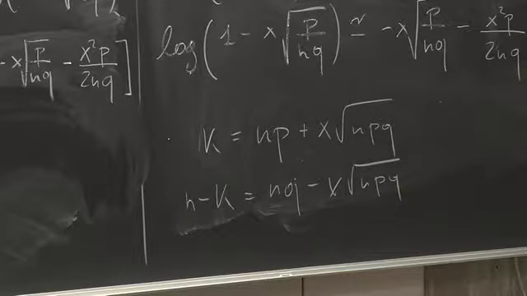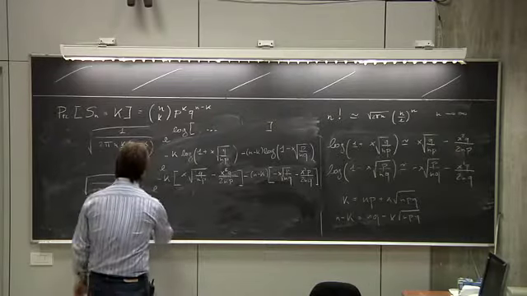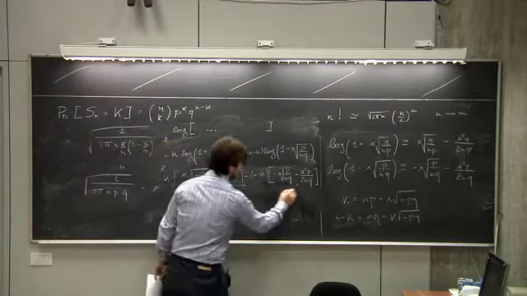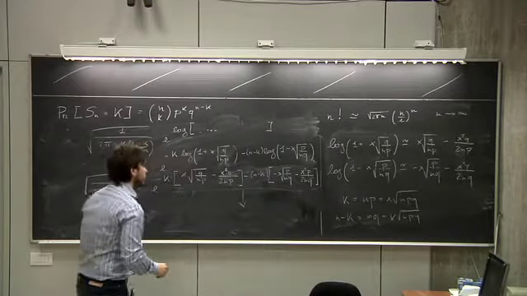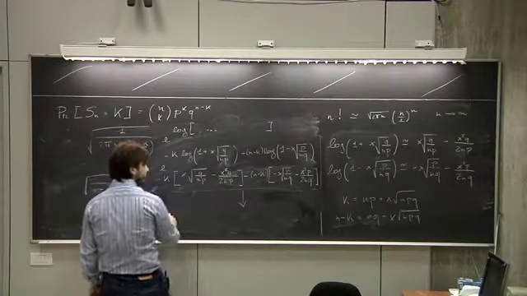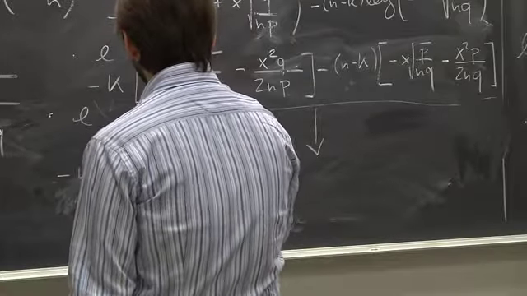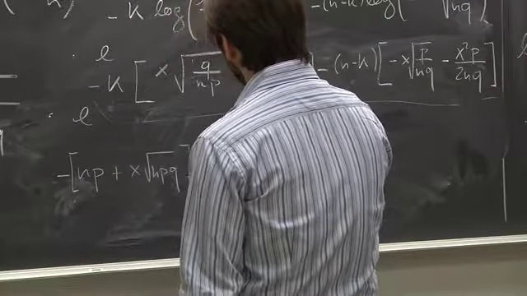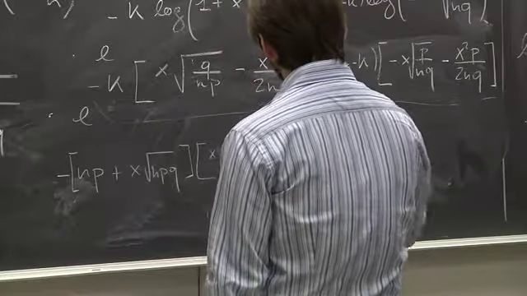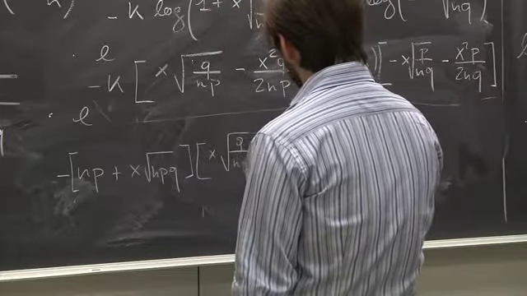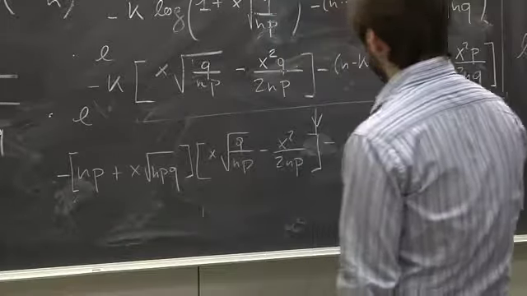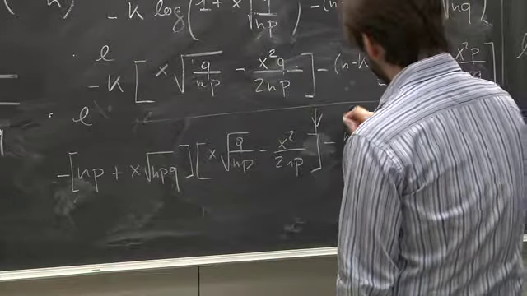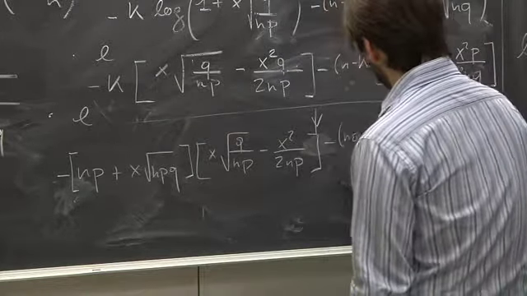I'm just writing down the argument of the exponential, just this part, which is minus np times x square root of q over p, minus x squared over 2 times q over p, and so on, minus nq times the corresponding term.